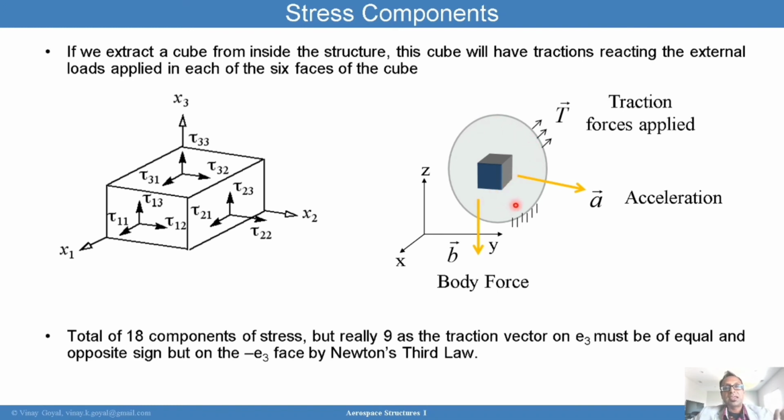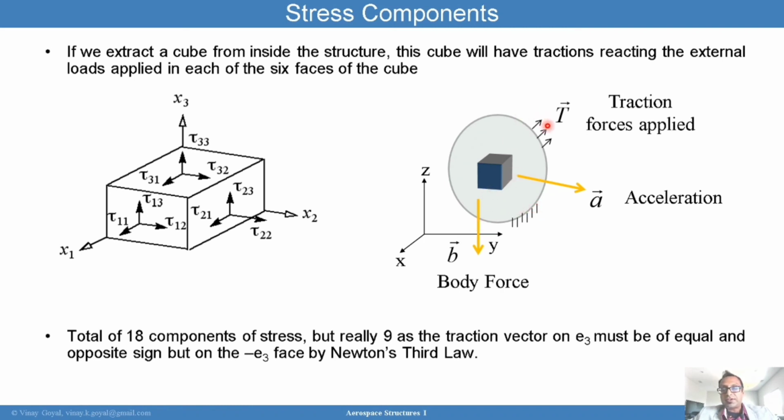Gravity acts at every point inside the material, and then I have traction forces applied on the surface of the material. I also may have accelerations acting on this body of material. The bottom line is these are external quantities that are applied. I have boundary conditions, they're physical quantities where deflections have been specified.